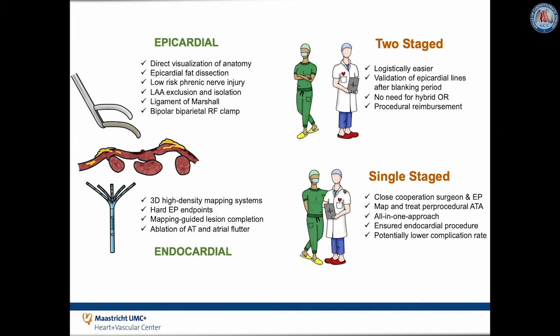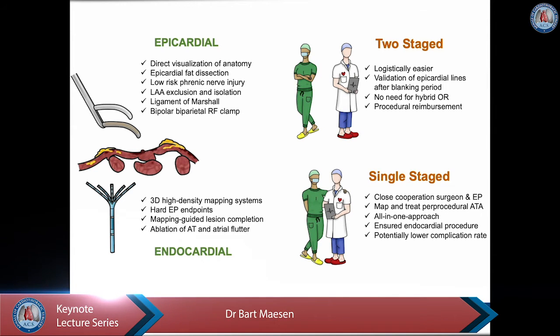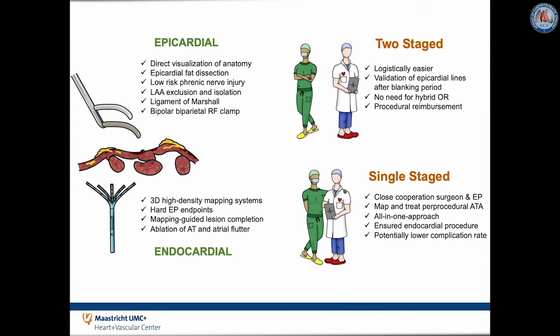As said before, the strength of the hybrid AF ablation is that it combines the advantages of an epicardial and an endocardial approach. Of course, thoracoscopic surgery allows direct visualization of anatomy. And even in regions where there is a lot of fat, you are able to dissect the fat away.